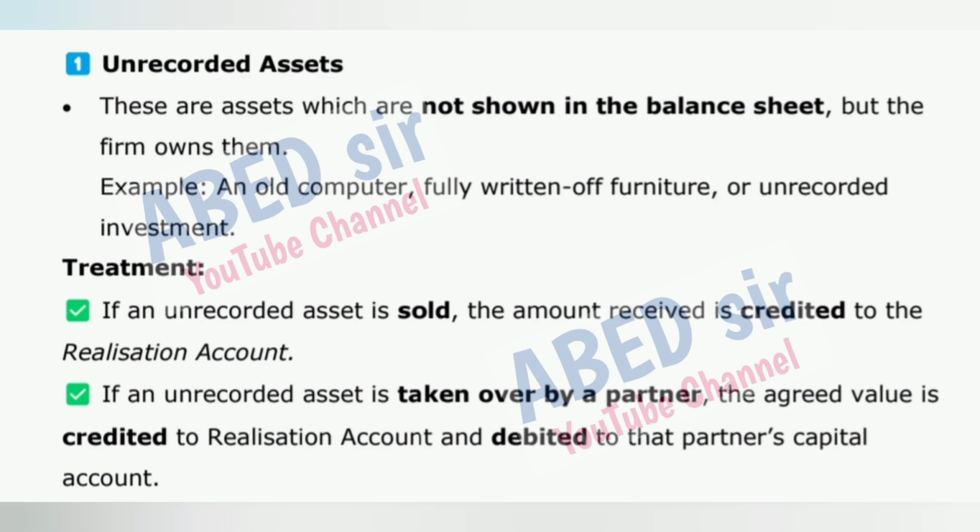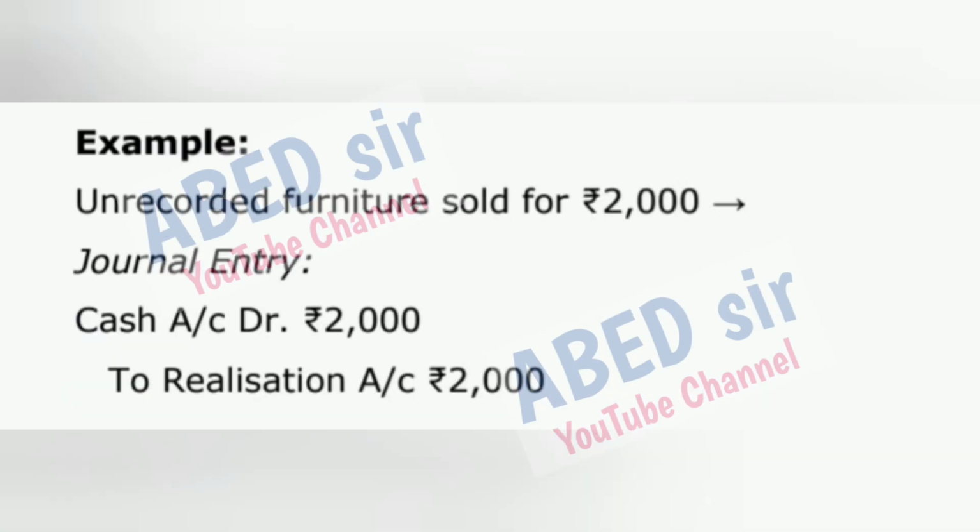If an unrecorded asset is taken over by a partner, the agreed value is credited to realization account and debited to that partner's capital account. Example: unrecorded furniture sold for 2,000 rupees. Journal entry: cash account debit 2,000 rupees. To realization account 2,000 rupees.